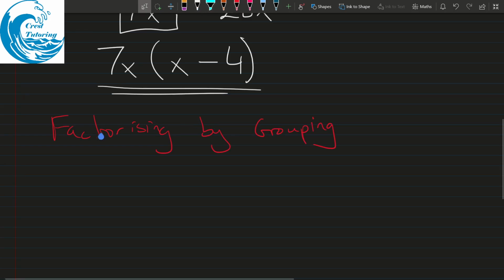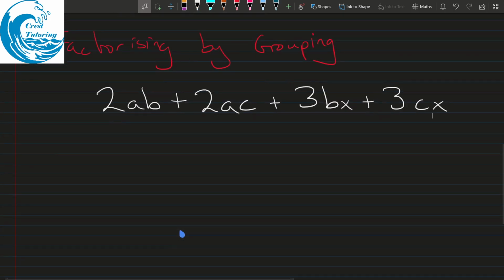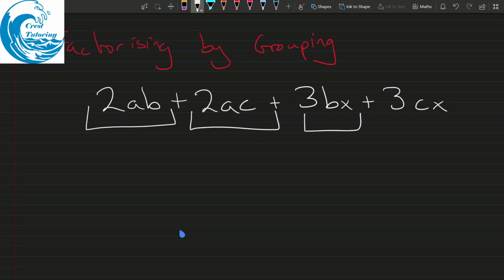And the way that works is if we have, for example, 2ab plus 2ac plus 3bx plus 3cx, we have to take out factors that are common to at least 2 of the terms here. Okay, so we have 4 different terms. We have to take out stuff that's common to at least 2.